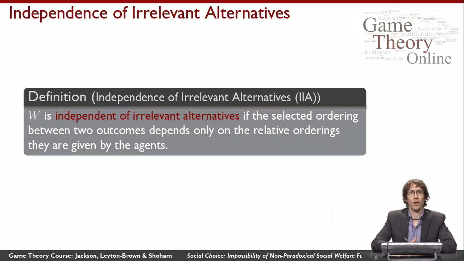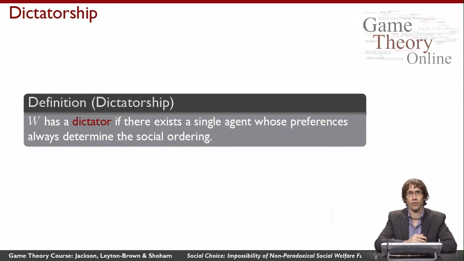So we'll say that a social welfare function is independent of irrelevant alternatives if the way that I rank between A and B only depends on the way that all of the individual agents ranked A and B. So if I want to decide in the social ordering how to compare A to B, I should do that only by looking at how all of the individual agents relatively ranked A to B. So I shouldn't care about how everyone felt about A and C or about B and D. I should just look at the A-B rankings for everyone, and that should tell me how the social welfare function ranks between A and B.